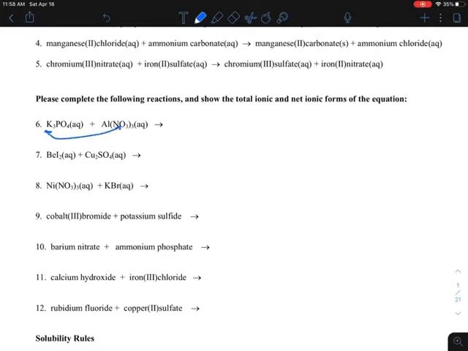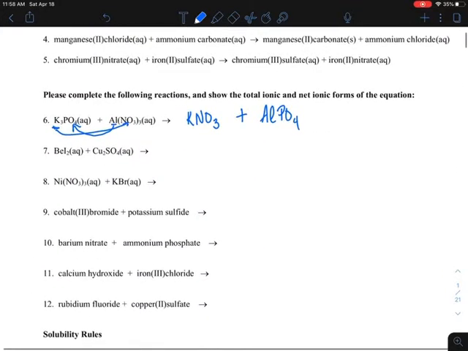So the potassium will go together with NO3. NO3 is a -1, K is a +1, and so when you get them to equal out, you get KNO3. The aluminum can therefore only react with the phosphate, and aluminum is a +3, phosphate is a -3, so we have aluminum phosphate.